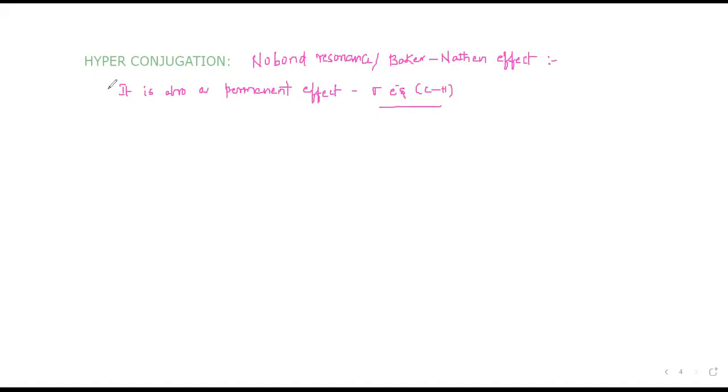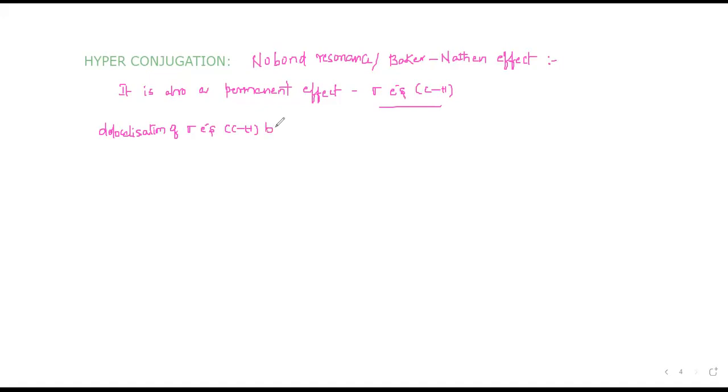Let me go with the definition of hyperconjugation. It involves the delocalization of sigma electrons of what bond I said? C-H bond.